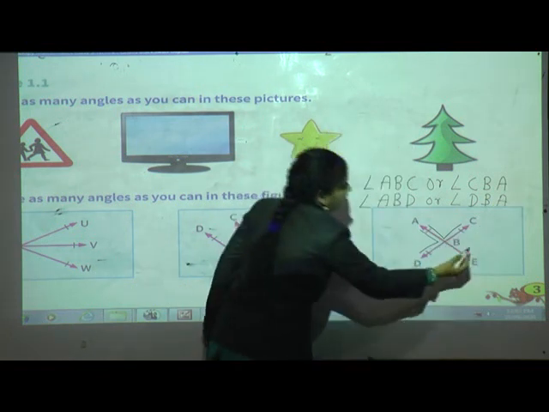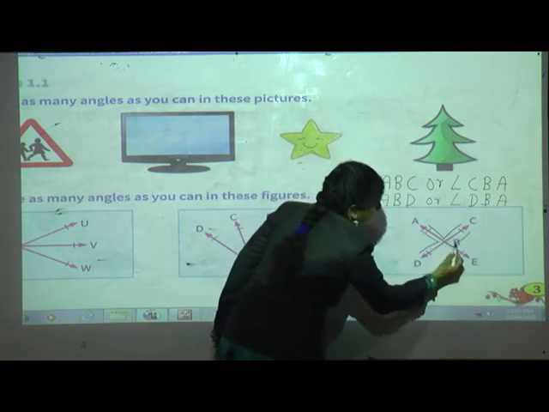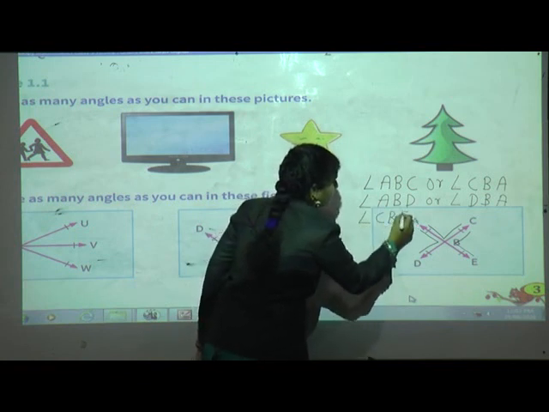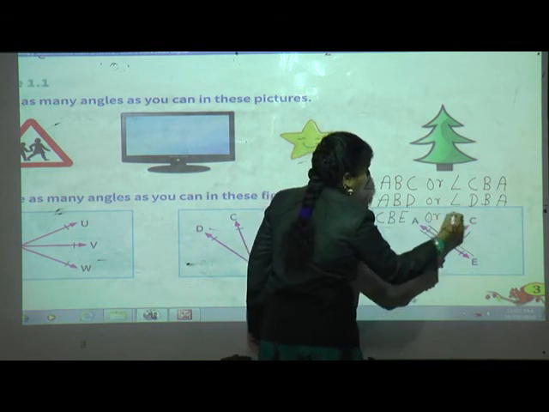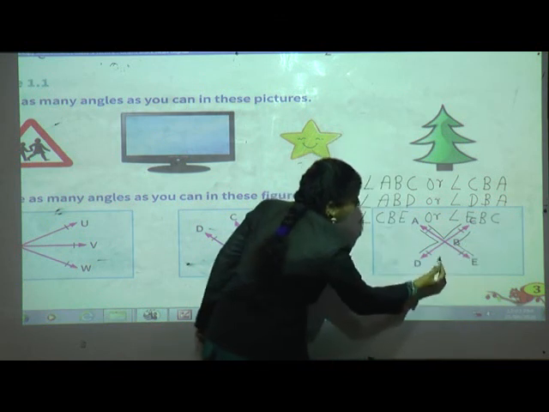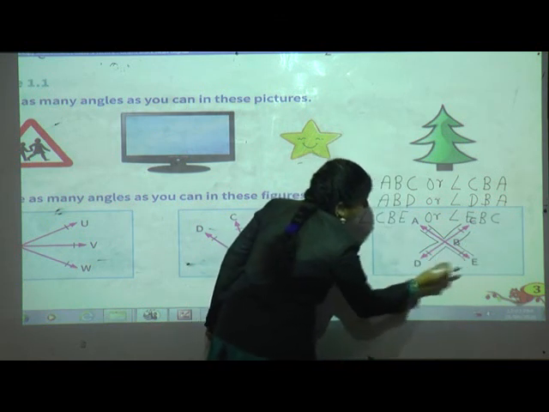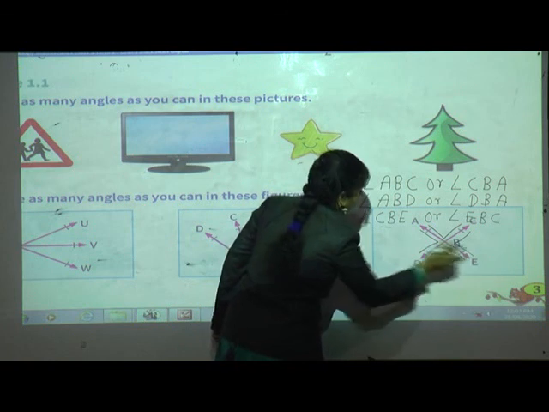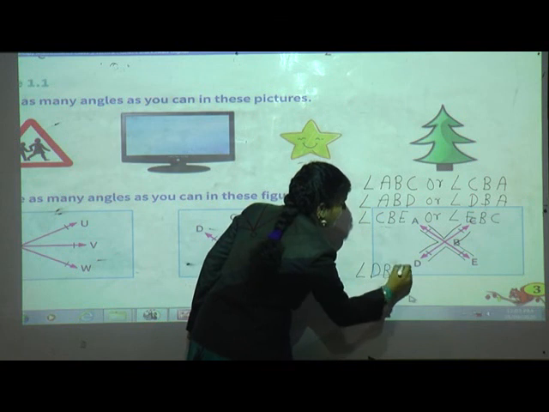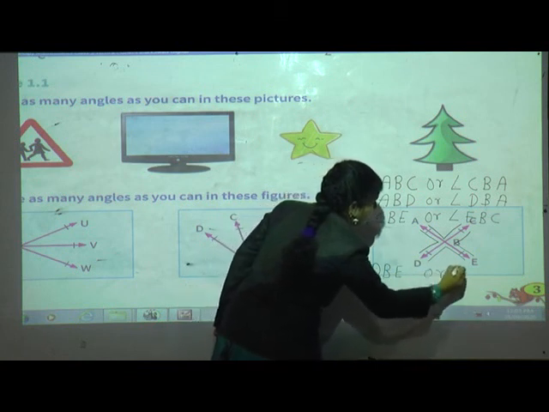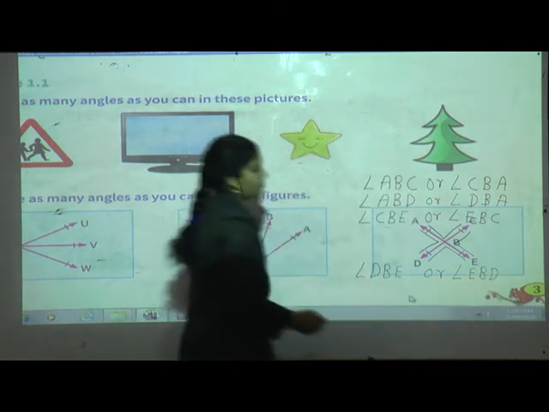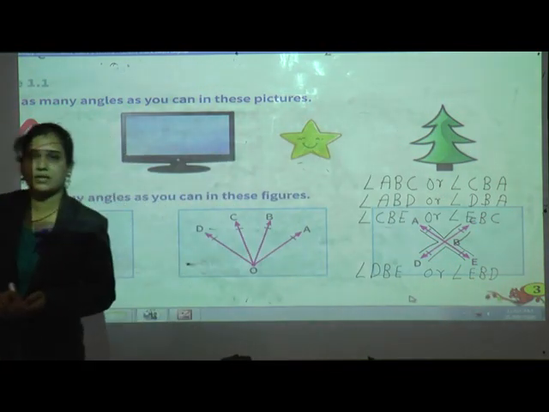Again here angle CBE or angle EBC. Again here angle DBE or angle EBD. So students, you have understood the angles.